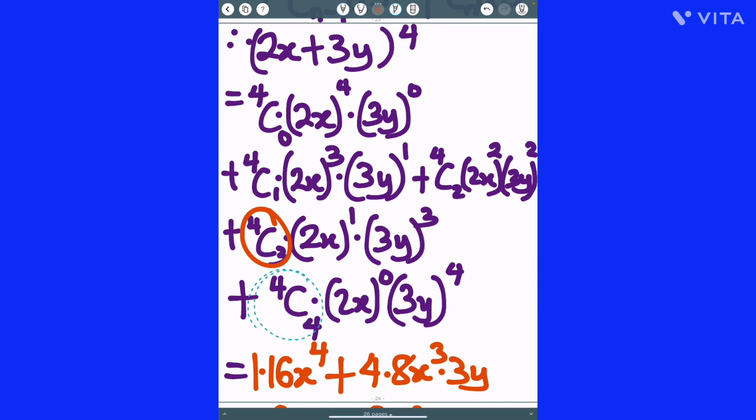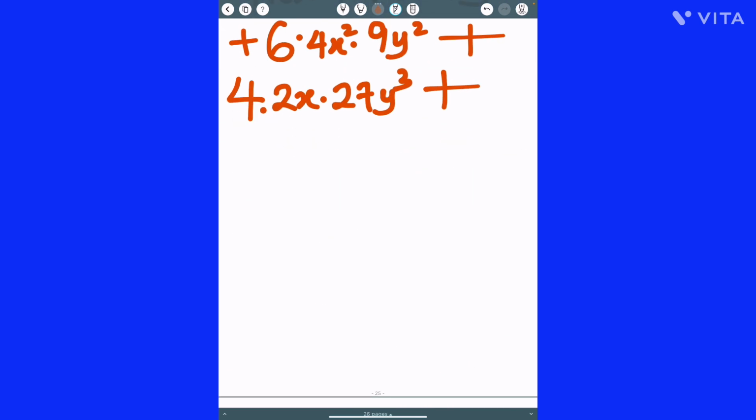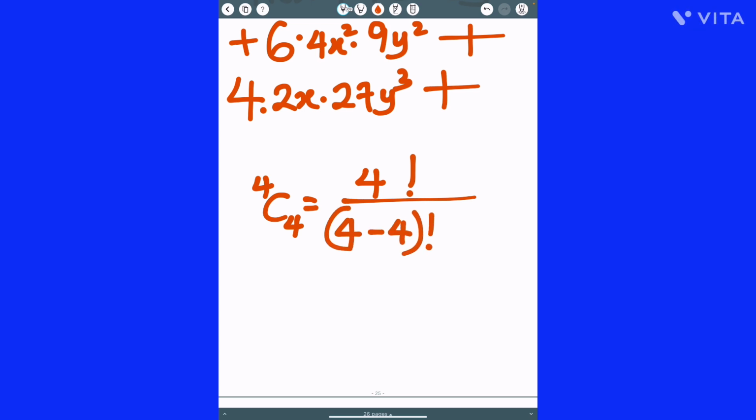For the fifth term, my constant is 4 combination 4. So let's evaluate 4 combination 4. 4 combination 4 is 4 factorial over 4 minus 4 factorial times 4 factorial.